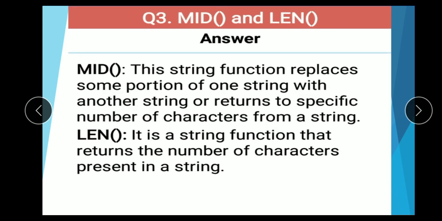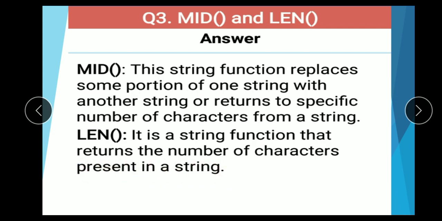Third, Mid function and Len function. Mid function is a string function that replaces some portion of one string with another string, or returns a specific number of characters from the string. Means a middle portion of the string. Len function is a string function that returns the number of characters present in a string.